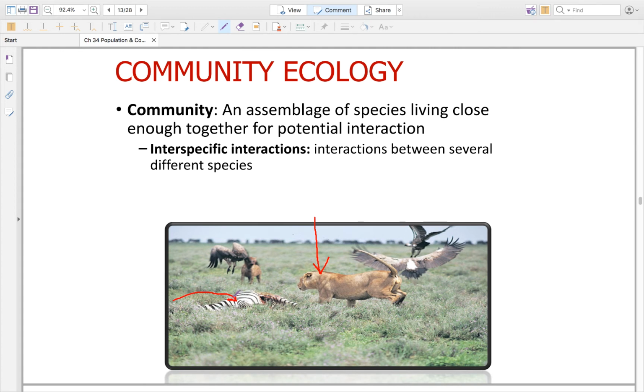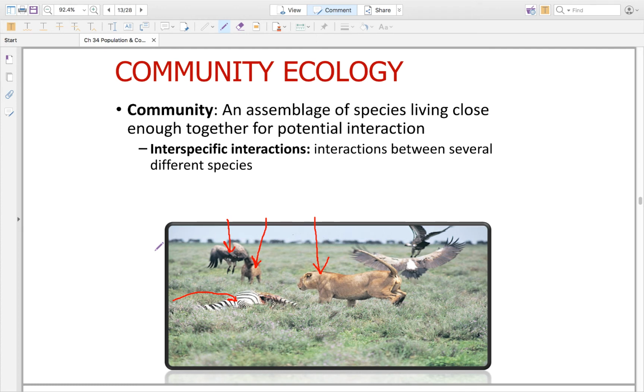And of course we're looking at some scavengers back here. And we're looking at a competitor. So there's a lot happening. The interaction between these animals and the plants also is community ecology. Studying that is community ecology.